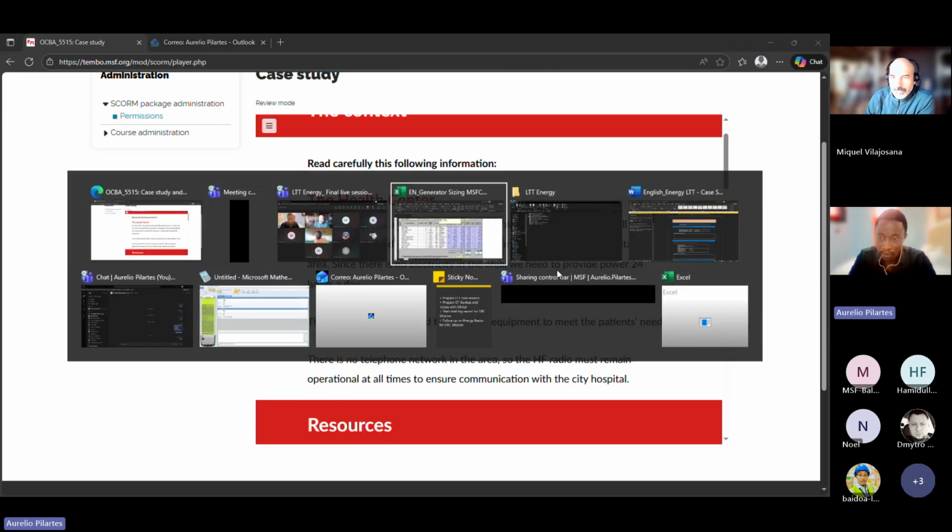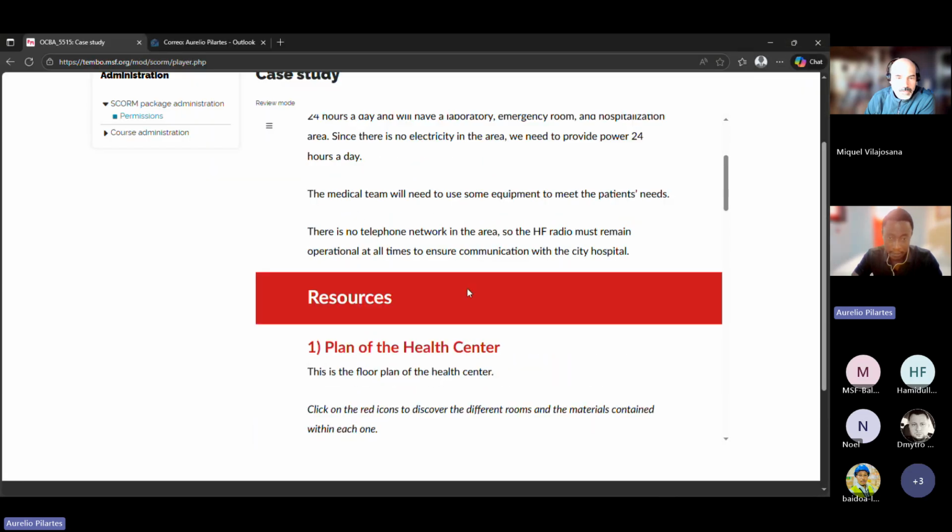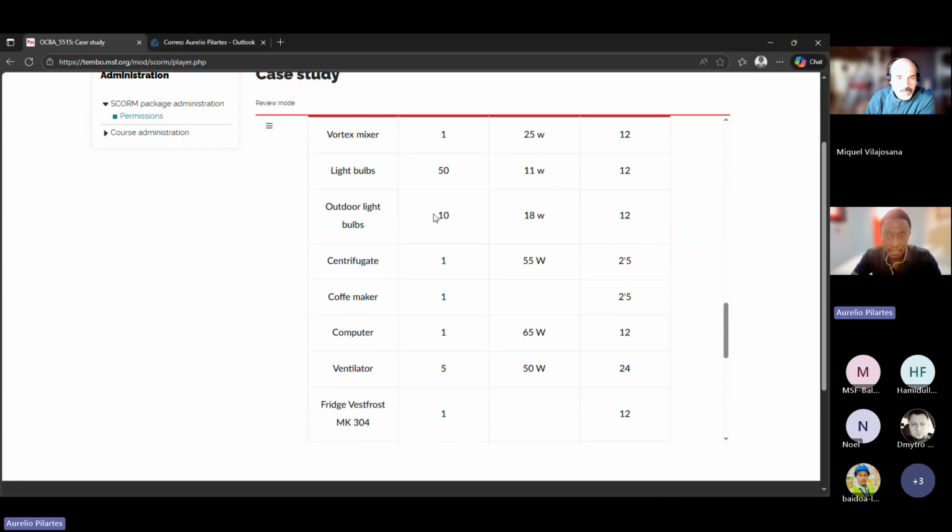So once we have chosen the power generators, now we need to size our power generator. We need to know how big our generator should be, how many kVA. So here we make the list of all the equipment, as the equipment is listed here.